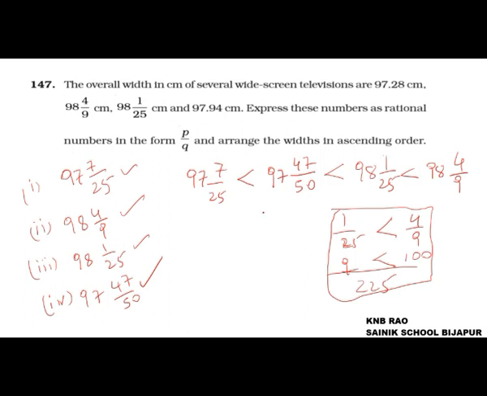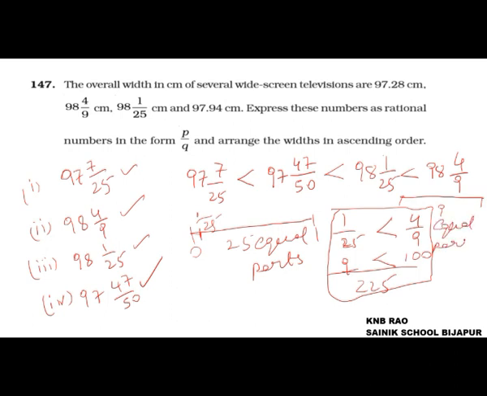When one unit is made into 25 equal parts, amongst 25 equal parts only one part is taken. Whereas in the case of 4 by 9, when one unit is divided into 9 equal parts, we have 4 parts taken.